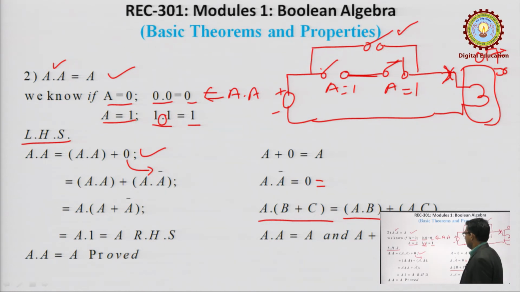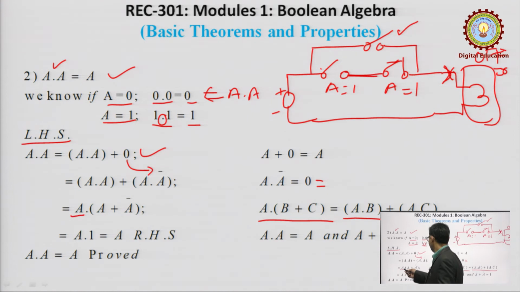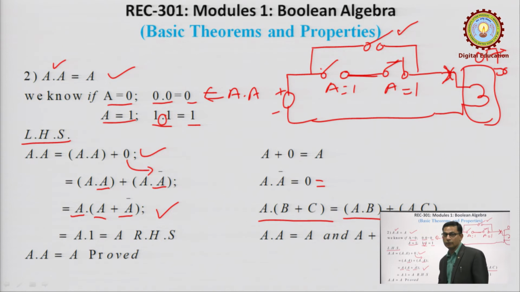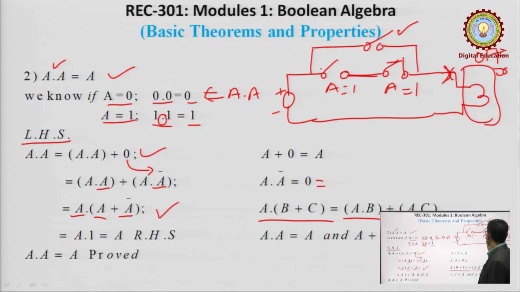So, what we can do? We can write it as A dot, first one plus second one. Okay. So, A dot (A plus A bar), clear. Then A plus A bar, we know if two switches are connected in parallel, I have discussed in my previous lecture in detail.